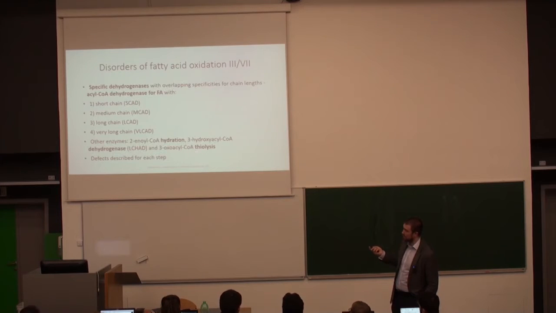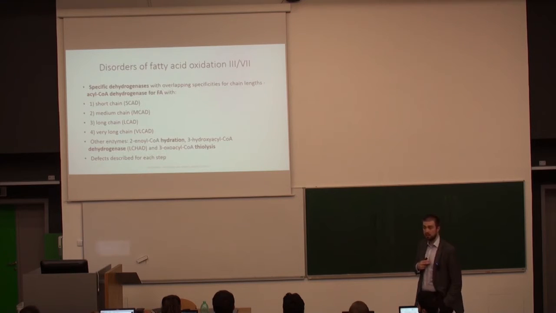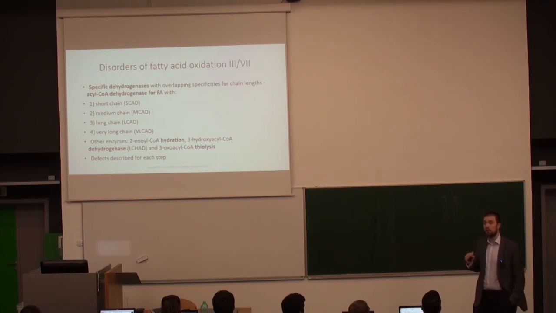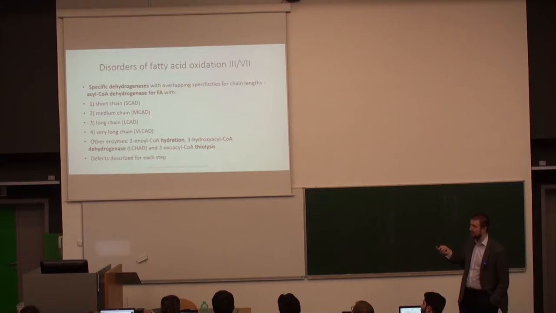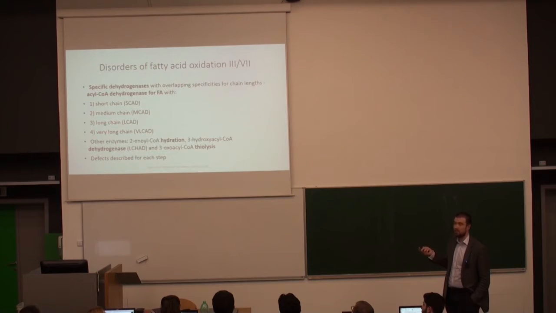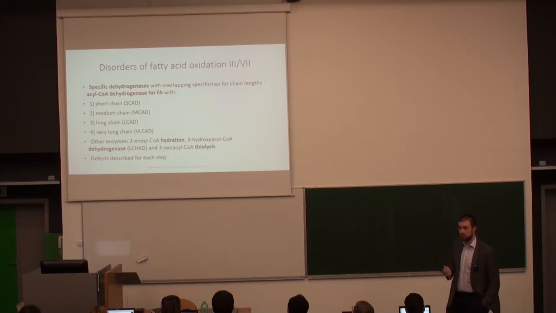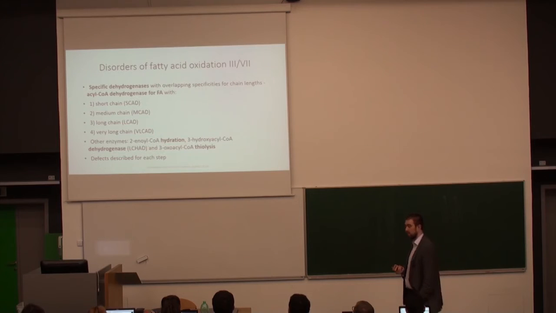What makes it slightly more complicated is that you have different acyl-CoA dehydrogenases for different lengths of the chain of the fatty acid. So we have short chain, medium chain, long chain, and very long chain acyl-CoA dehydrogenase. And all these steps can be defective, plus the transport itself can be defective.